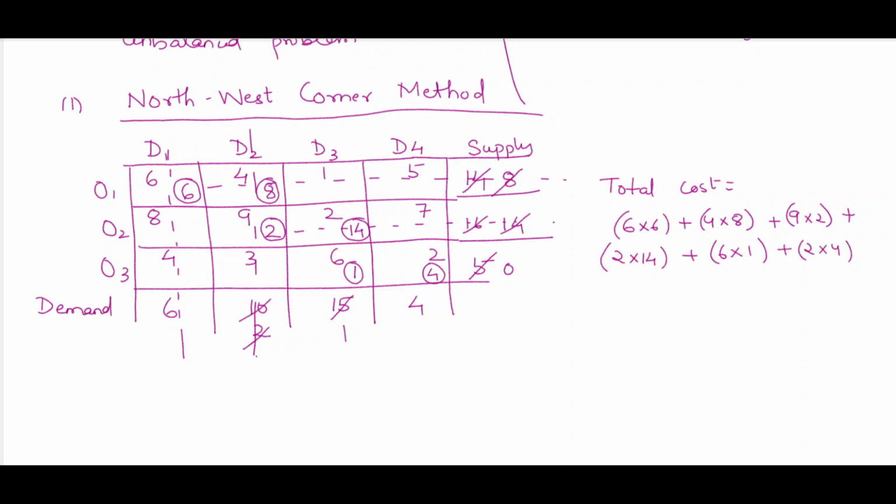So this is the total cost: 36 plus 32, 18, 28, plus 6 plus 8, which equals 128. So the cost is rupees 128 by our northwest corner method.